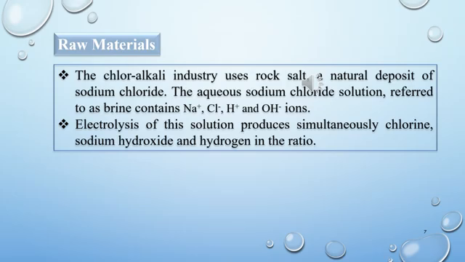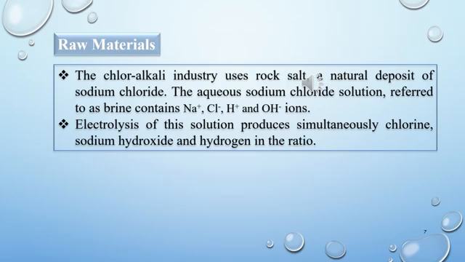The next point is: electrolysis of this solution produces simultaneously chlorine, sodium hydroxide and hydrogen in a ratio. What is the meaning of this point? By the electrolysis, these ions are separated and now travel toward their electrodes, the cathode and anode.